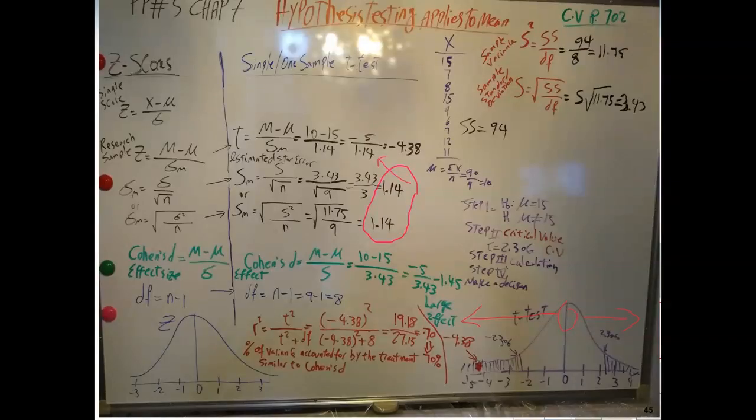So back to our problem. The problem was, is there a significant difference in this year's employees' optimism regarding their jobs? Yes. Null says no, it's the same. We say no, that has statistical significance.